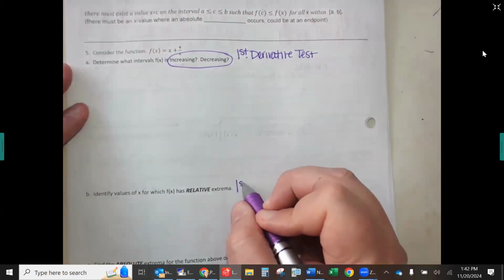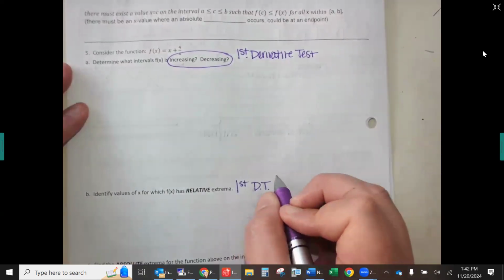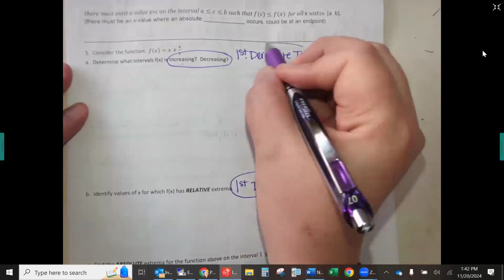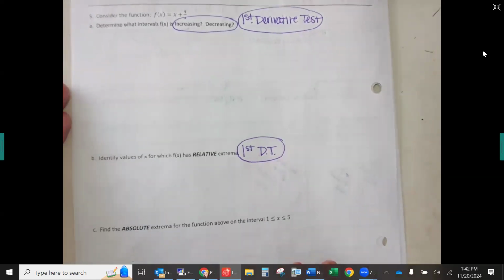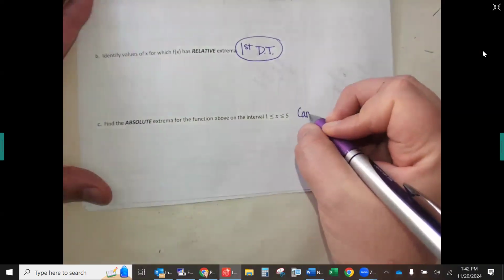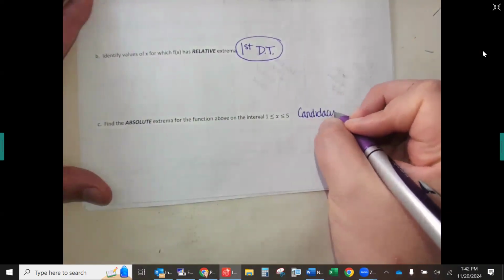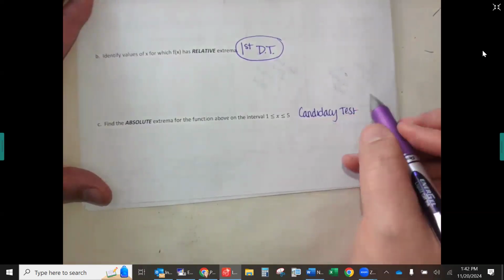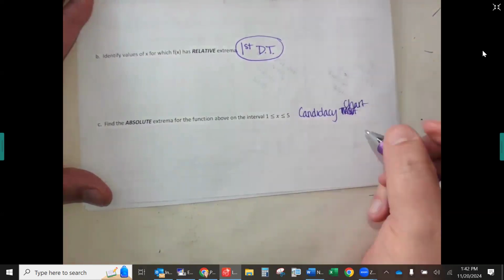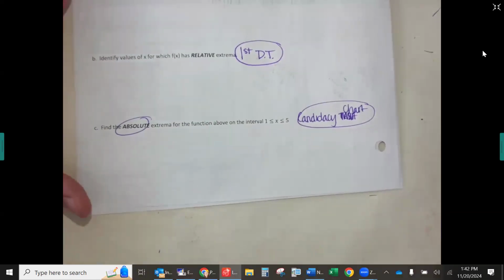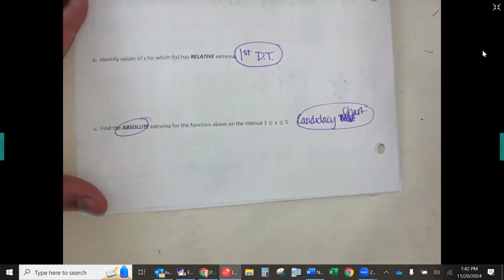Okay, and your relative extrema and your increasing and decreasing, those are going to be first derivative tests. Then if you'll just peek ahead to part C, what does it ask you for? Absolute extrema is where you need the candidacy chart. So if you want to just kind of mark that in, your homework is going to ask you for all 3. Yeah, I called it a okay. But you only do that if it says absolute. So let's just work through this question, then we'll be done for today.